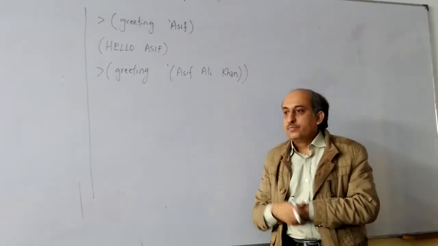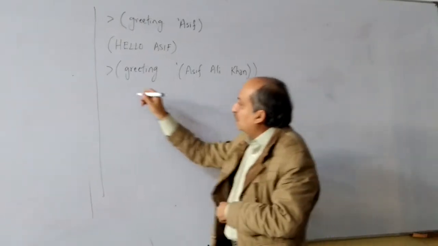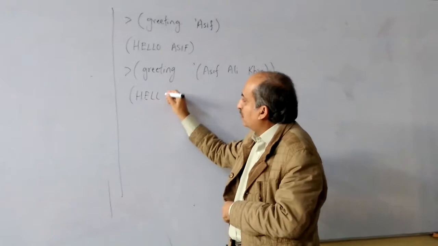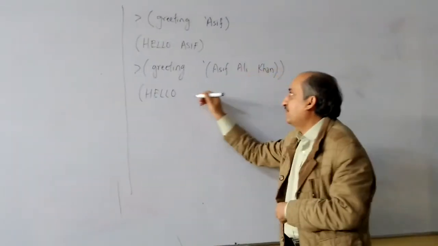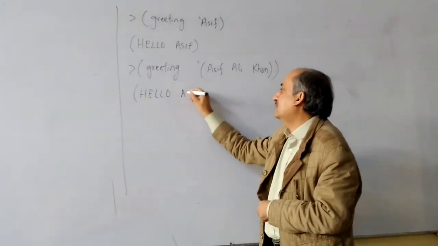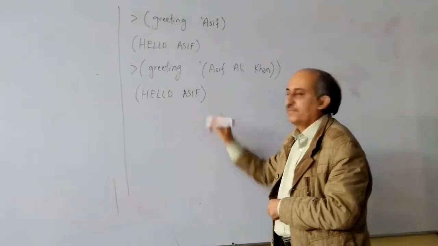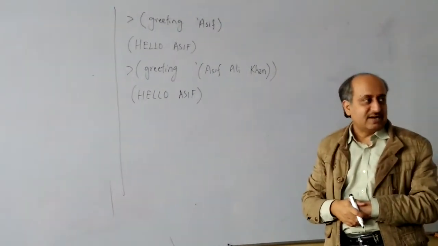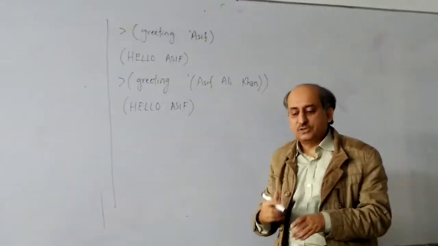Then the function should be able to process this type of argument, and it should again return hello Asif. Is it understandable? Yes. Now you have 2 minutes to attempt this card.